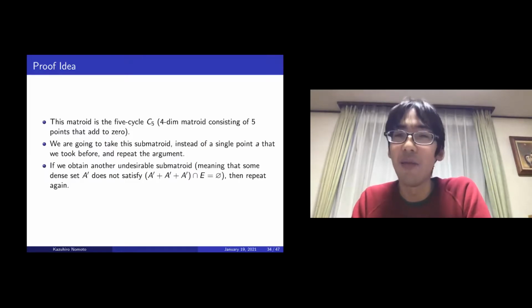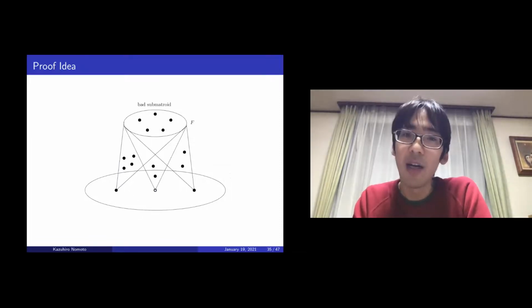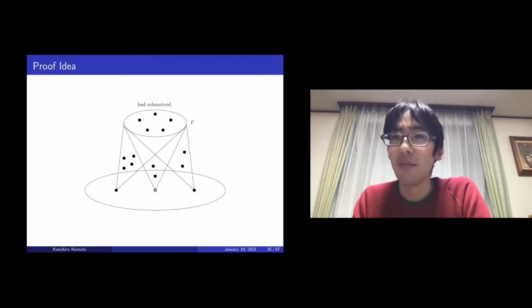I'm going to color every point of that flat according to some rule. Some points will be dense, and we're going to repeat the argument. So in this case, here's my C5. I'm going to pick a flat disjoint from this submatroid, and color all the points in this flat according to how they behave with respect to this C5, and repeat the argument and see what happens. So that's sort of how the proof goes.